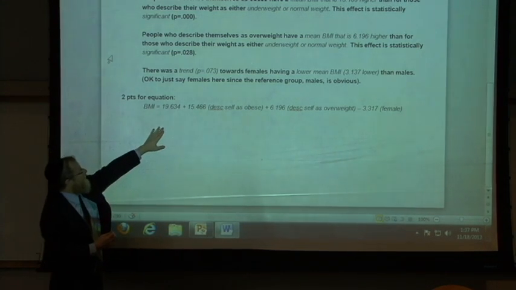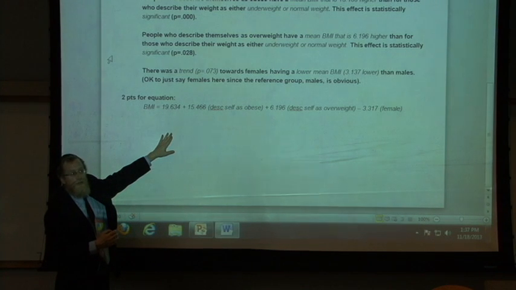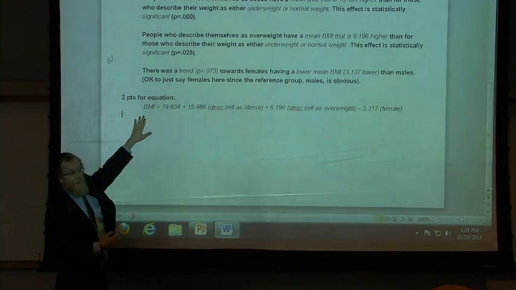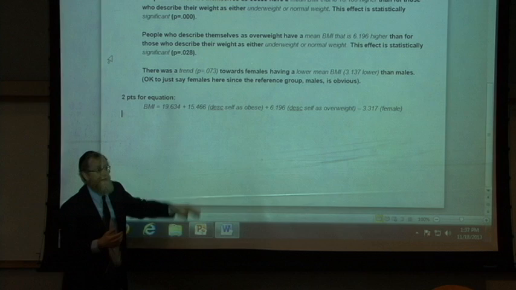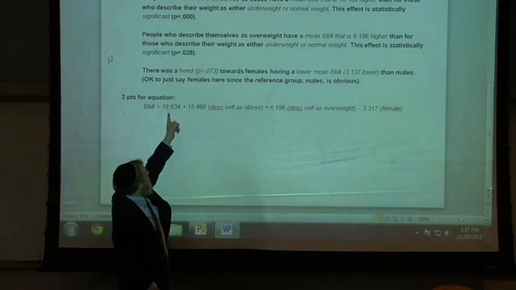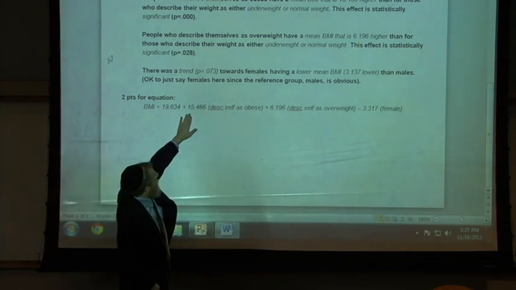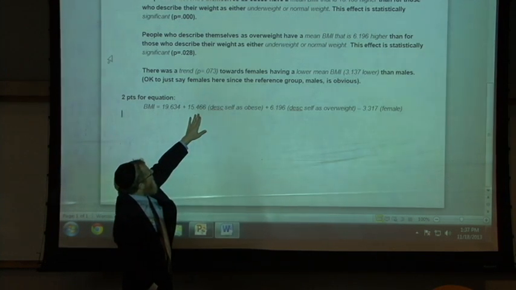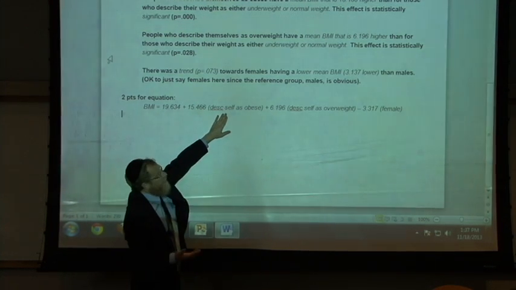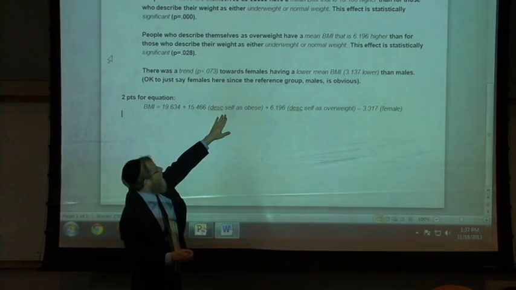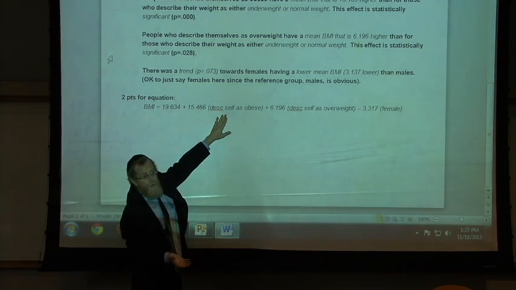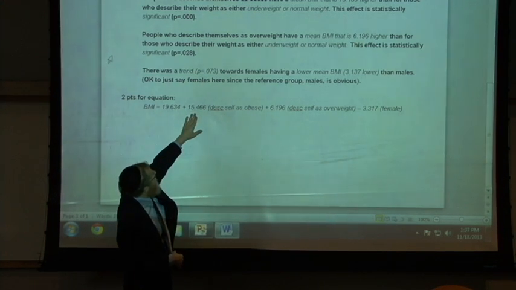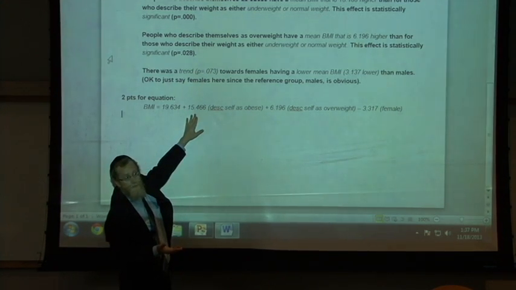So we need that constant in the model if you're trying to do any kind of prediction or talk about the output, because this is going to change the outcome. Regardless of the constant, the meaning of the coefficient here is the same. This is the difference that if you make this variable increase by 1, in this case go from 0 to 1, if a person describes himself as obese as opposed to normal weight, we say on average it increases the BMI by 15.466.